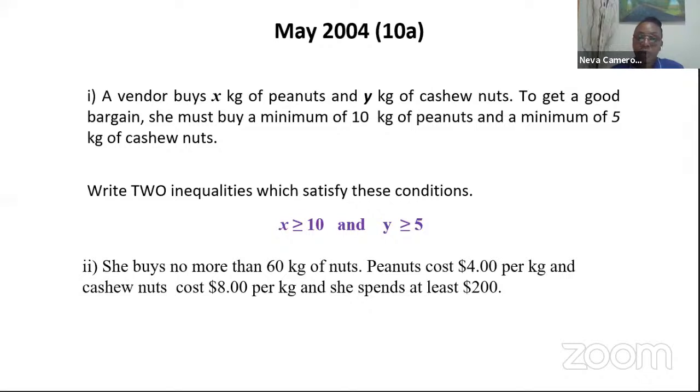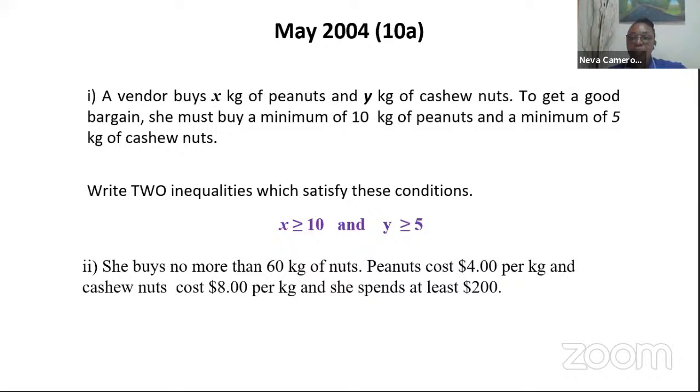We have peanuts and we have cashew nuts. So she buys no more than 60 kilograms of nuts, which speaks to buying both cashew and peanut. What kind of inequality could we use? Give me the inequality for that. All right, thank you very much, Brittany. So x plus y less than or equal to 60.